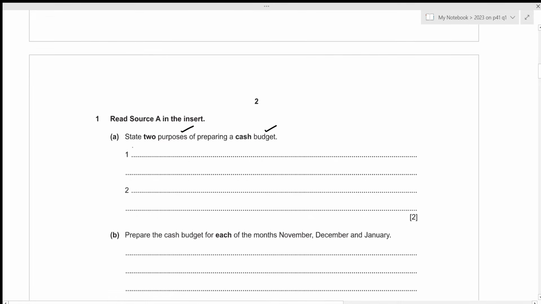Let's write it down. We can start with the deficit. To identify any cash deficit so that funding can be arranged in advance.